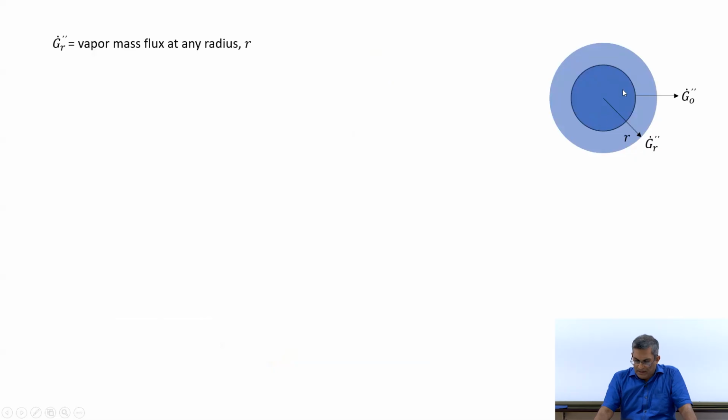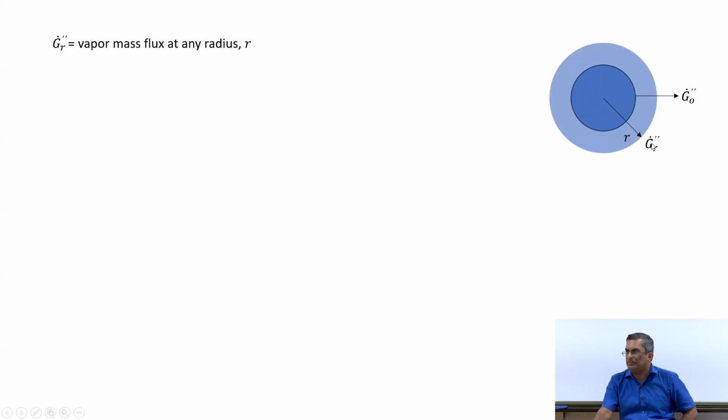Again we consider this single isolated droplet, and we define this G term, which is basically the vapor mass flux at any radius r. Again, what is vapor mass flux? The rate of transport of the vapor, how much vapor is transported across unit area per unit time at any radial location r.